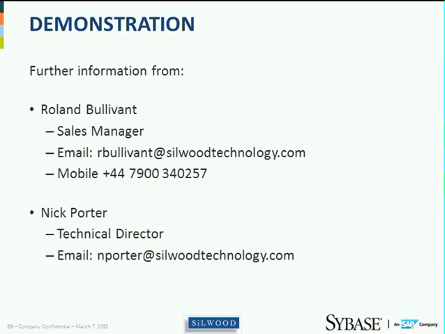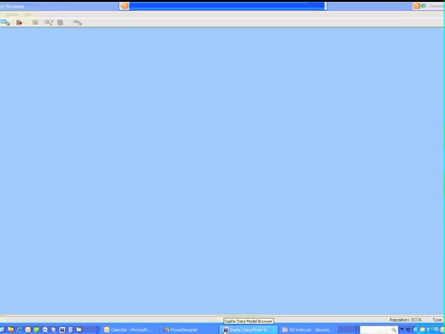I'm going to switch into showing you Sapphire itself, and I'm going to do the demonstration with an SAP system. This is a pretty modern release of SAP, an ECC 6 system, but most of the features I'm going to show you are equally applicable to any of the other ERPs.